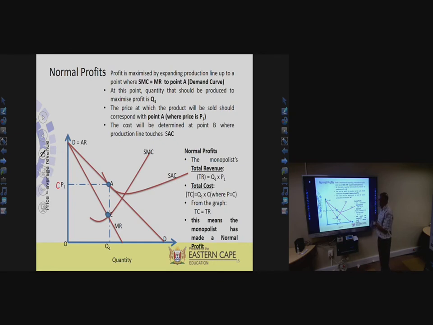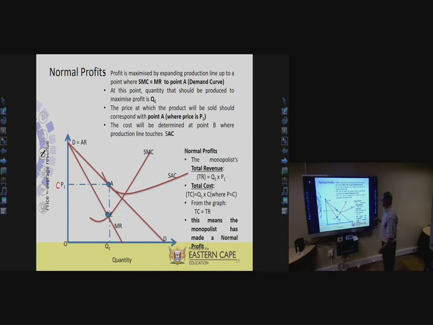As you can see, AC is tangent to the line D. At that point, I'm touching both curves, my AR and my AC. And therefore, it means that at this point my price is also equal to the cost. Therefore, I'm making a normal profit.